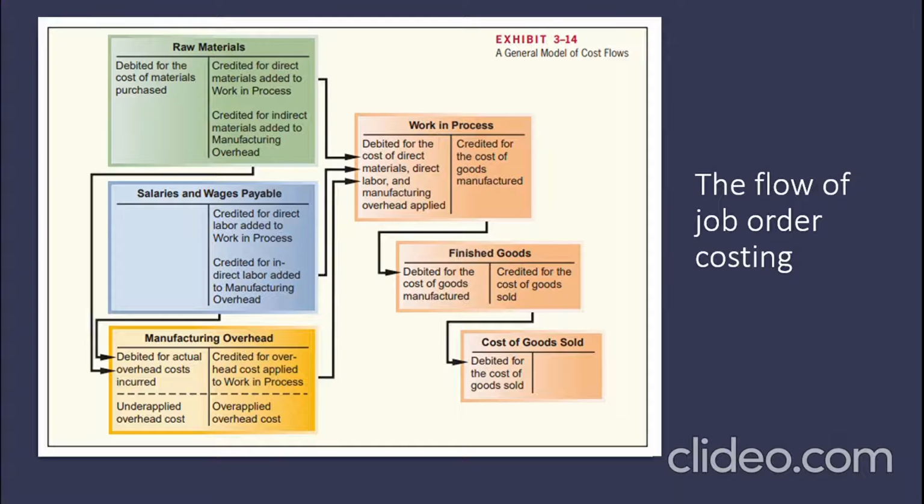Any discrepancy between overhead costs incurred and overhead costs applied shows up as a balance in the manufacturing overhead control account at the end of the period. A debit balance is called underapplied overhead and a credit balance is called overapplied overhead.